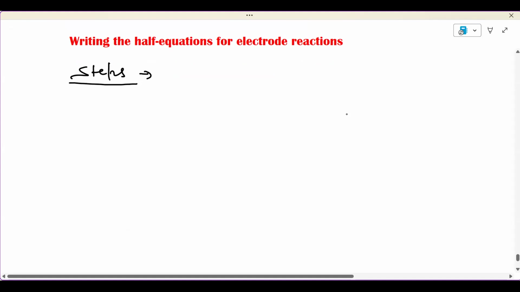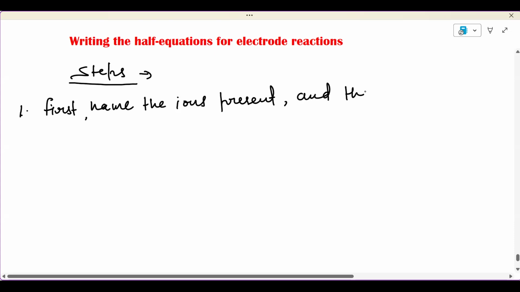For that, first name the ions present and the products. What we have to do? First, we have to write the ions present and the products also.